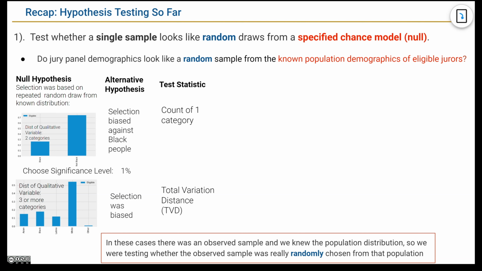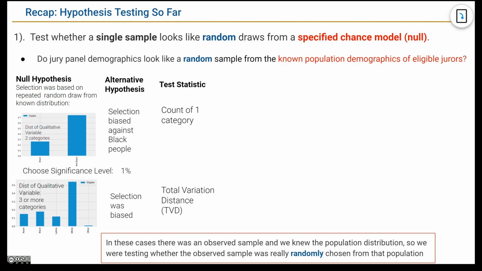Then if you think of the test statistics, I just want to compare what we used. For the first test, we used the number of Black people in the sample of 100. For the second test, we used the total variation distance. I will point out that we could have used total variation distance in the case of Robert Swain. The problem if we had done that is that it would only be telling us if bias existed.